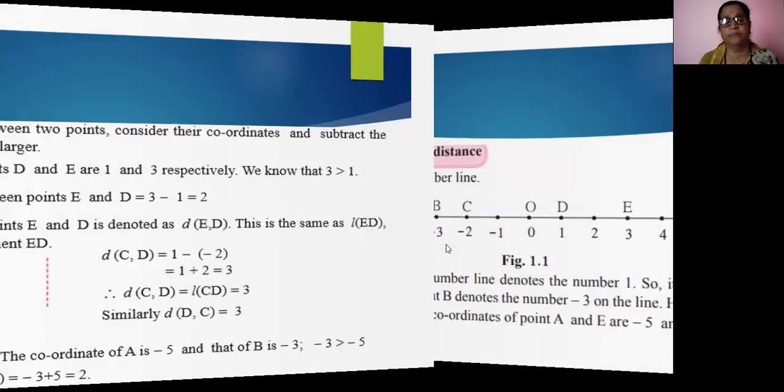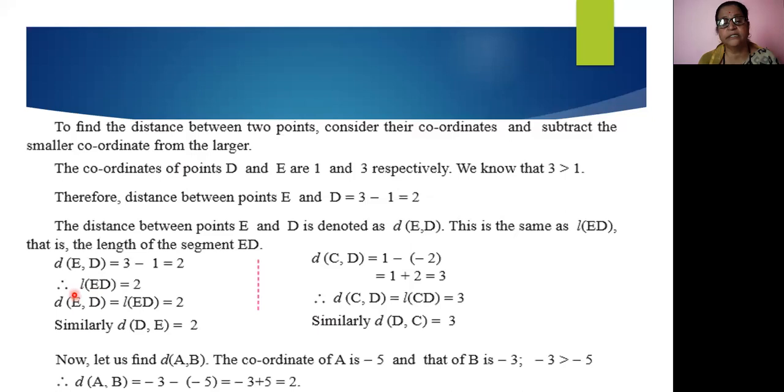In this example, distance ED is equal to 3 minus 1, which is 2. Therefore, length ED is equal to 2. Distance ED is equal to length ED, that is 2.